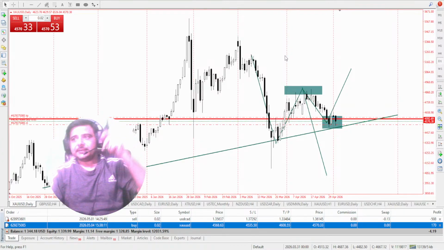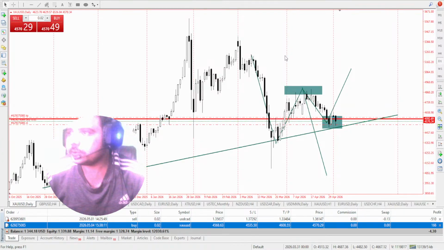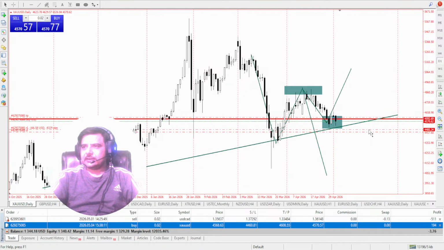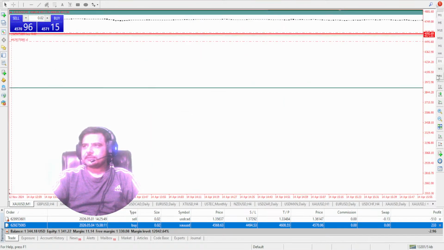So the buyer, my friend, is now entering into the market, but the buyer has a stop loss of around 1000 pips. This is too much.